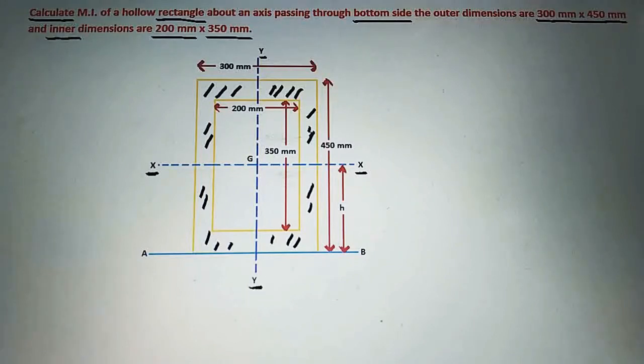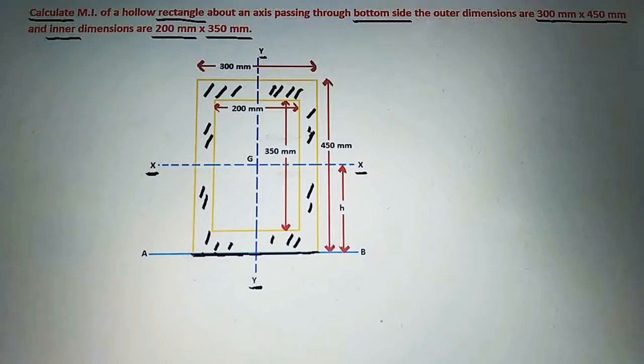What we have to calculate? We have to calculate the moment of inertia of a hollow rectangle about an axis passing through the bottom side. So see here, this is the bottom side of this hollow rectangular section, and we have to find out the moment of inertia about an axis passing through the bottom side.